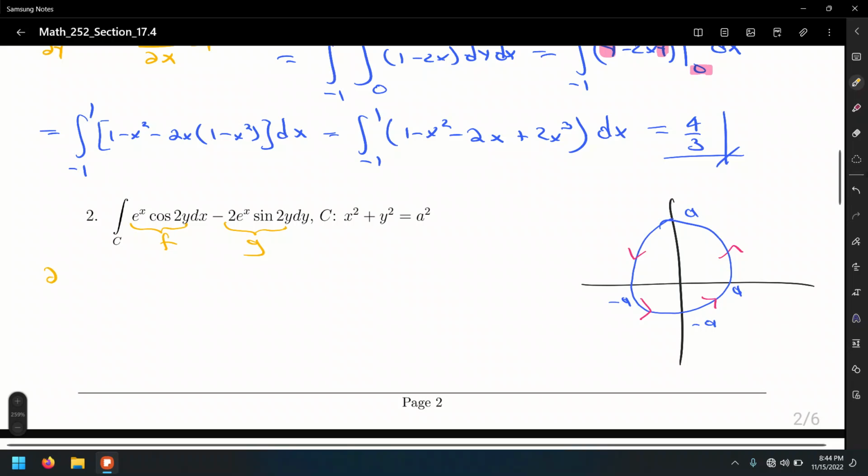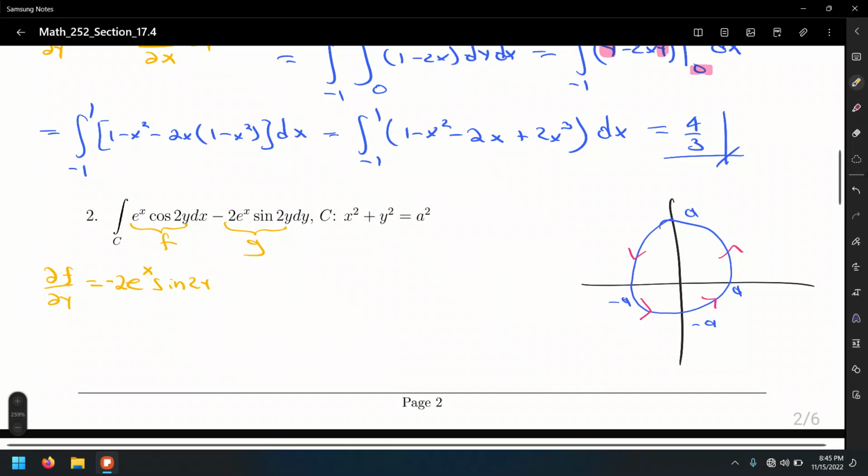So the partial derivative of f with respect to y is e to the x, the derivative of cosine, which is negative sine, of 2y, times 2 by the chain rule, so this is negative.